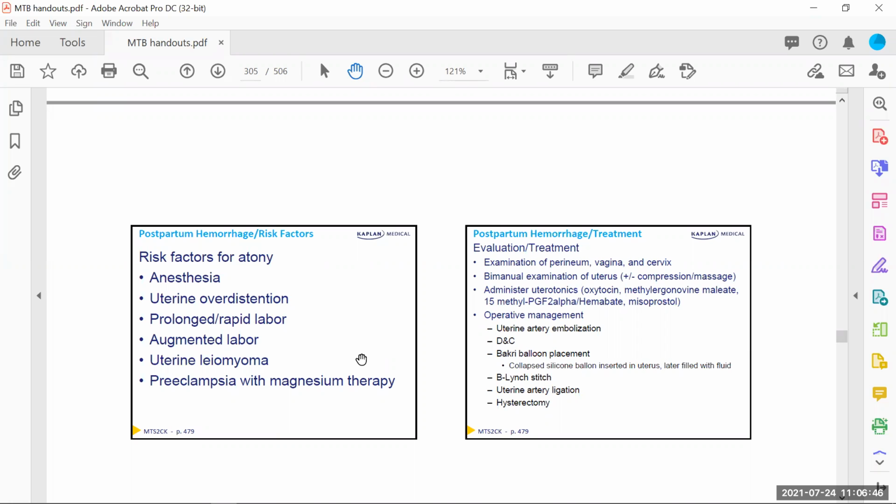Or as a last resort, we have hysterectomy, but we never go for this option easily, because the patient who has just delivered a baby will end up in massive hemorrhage. If we are thinking about hysterectomy, we should not opt for this option.